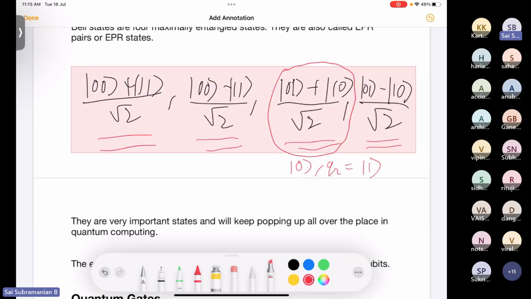Because if we measure the first qubit 0, we know it is in this state. It cannot be in the other state because the first qubit is 0. That means the second qubit has to be 1. So that is the idea of these states: if you measure one qubit, you know the state of the other. And we will be using these in all of our algorithms. If you don't remember the Schmidt decomposition or the Shannon entropy, it's cool. Just remember Bell states, maximally entangled, you measure one, you know the state of the other.